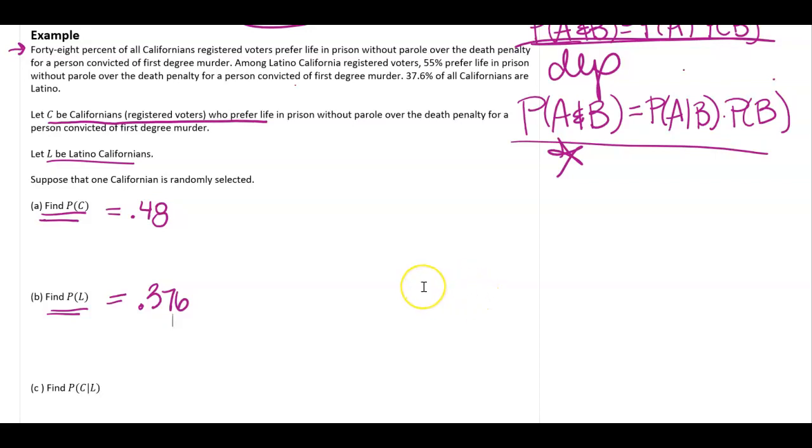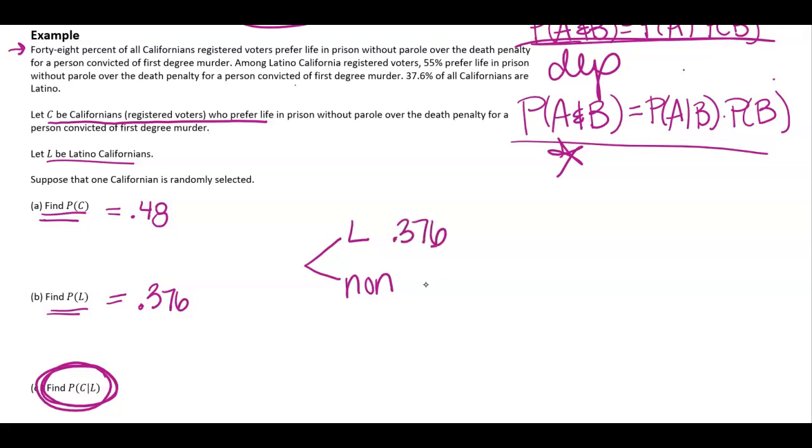Now we're starting to get into something a little bit more tricky. So now we're looking at some given probabilities. Find the probability of C given L. Well, if I'm given L, then that needs to be my branch here. I'm not going to worry about this until I have to. And the probability that I need to look at is this C right here.